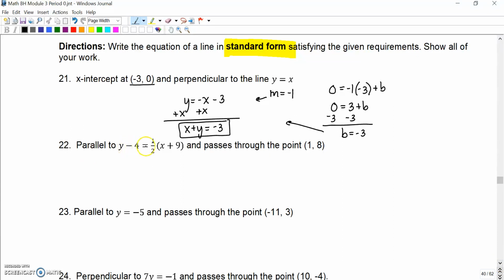22, we're going to write the equation that's parallel to this. So first thing I'm going to do is take my given line and spend a little bit of time rewriting this into slope-intercept form so I know what the slope is.